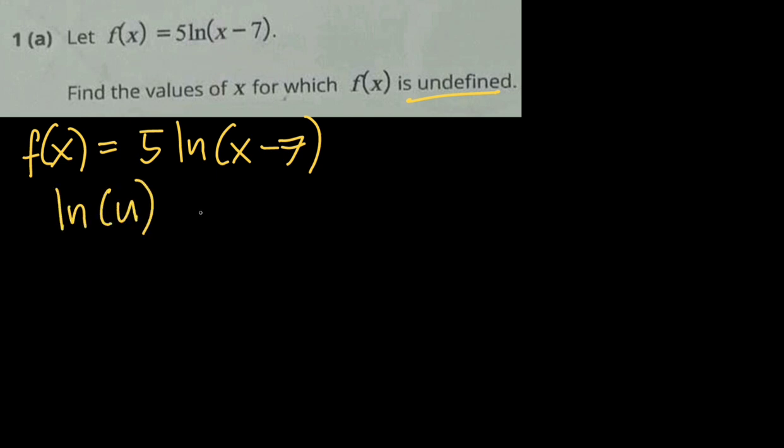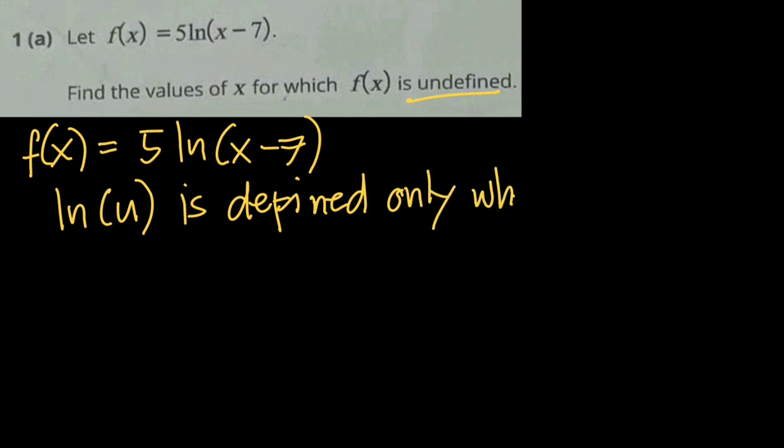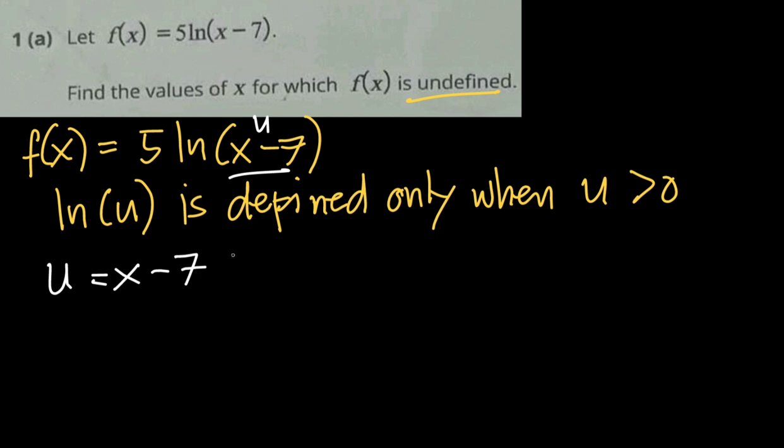The function ln of u is defined only when u is greater than 0. And in this case, in the given function, our u here is x minus 7. And x minus 7 should be greater than 0 for the function to be defined.